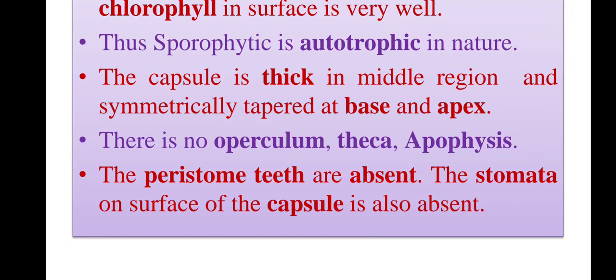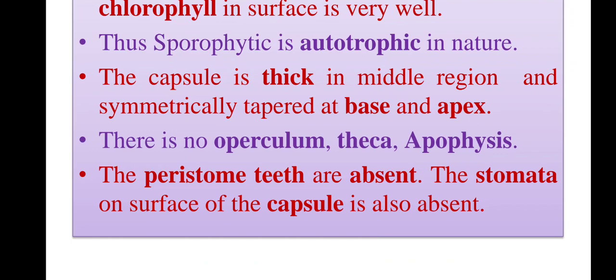This is a very important simple genus, Takakia, other than Funariales, Polytrichales, Pogonatum, Andreaea, Bryum, and Sphagnum. Because of the absence of an operculum-like structure, theca, and apophysis, the peristome teeth are always completely absent. The stomata on the surface of the capsule are also absent.